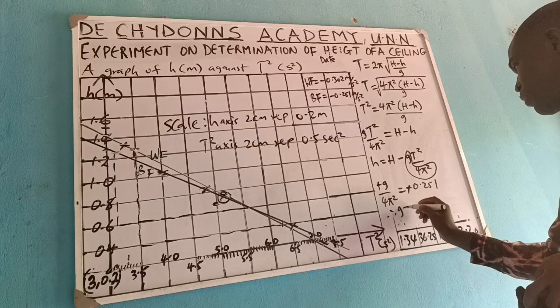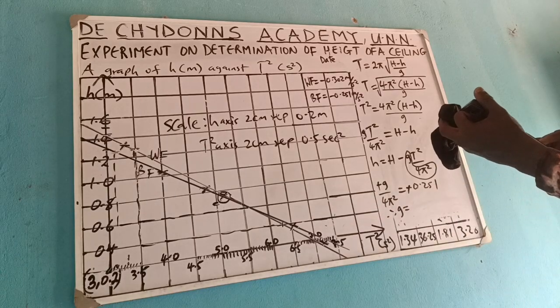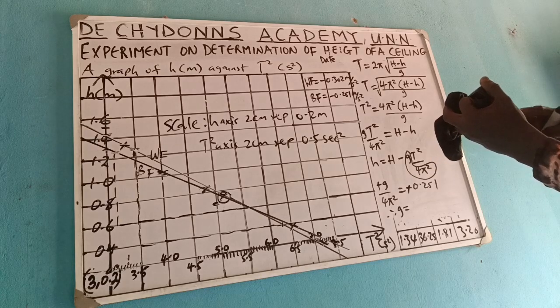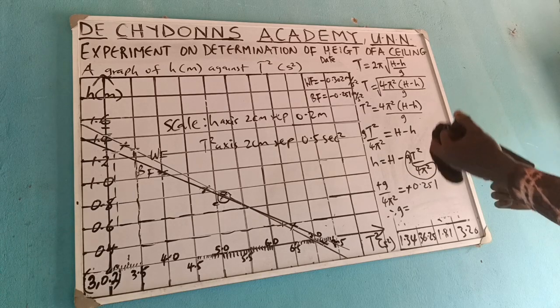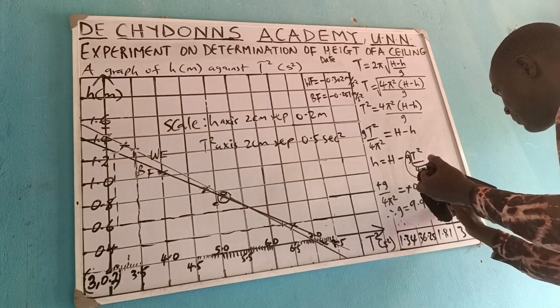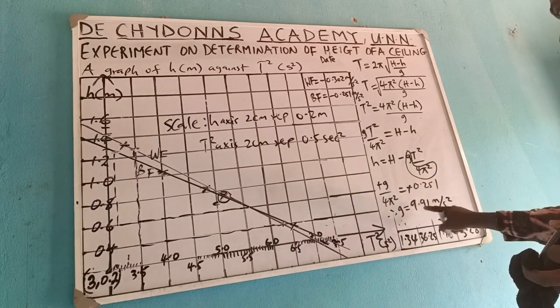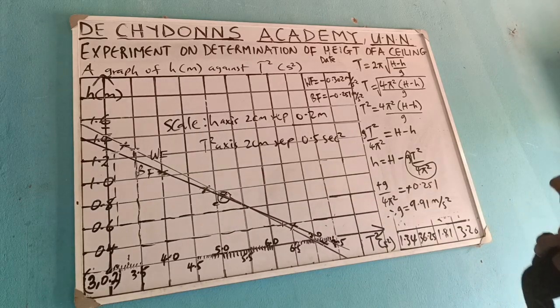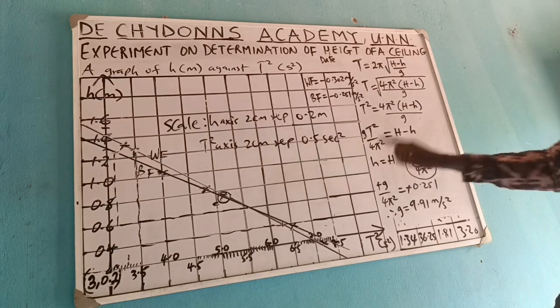Therefore, our g will be equal to 4 pi square times 0.251. That will give us 9.91 meter per second squared. So this times this gives me this. It's about transforming this to make h the subject of the formula.